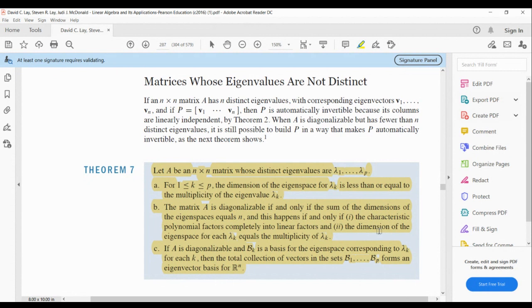So the matrices that were not diagonalizable did not have this property. Great. Are there any questions at all? Okay, well, very good.